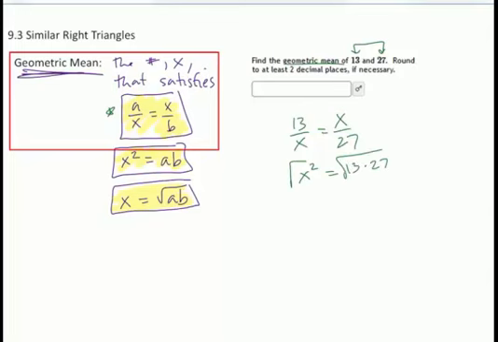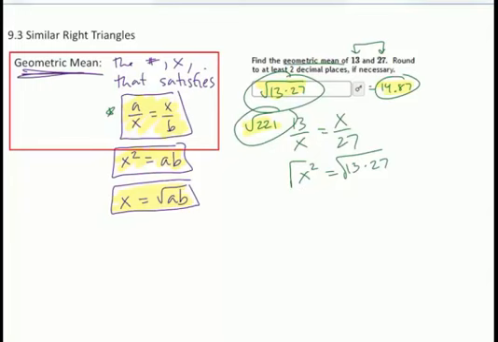Notice I wound up going through all three of these forms, and I get my answer to be the square root of the product 13 times 27. The decimal equivalent to that, you can enter as your answer. You could have simplified, combined the product here. All three of these would be acceptable forms of this answer, but that is your geometric mean.